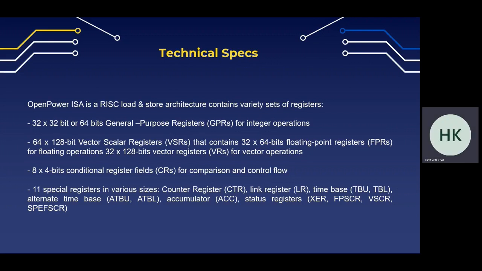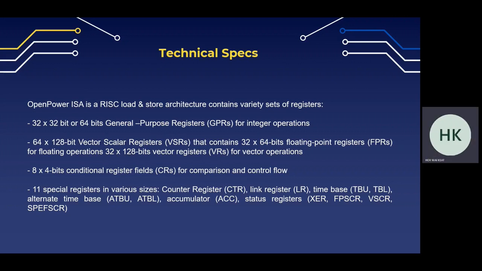And it also includes 64 by 128 bits of vector scalar registers that contains 32 by 64 bits of floating point registers (FPRs) for floating operations, and also 32 by 128 bits vector registers (VRs) for vector operations. And it also contains 8 by 4 bits conditional register fields (CRs) for comparison and control flow.